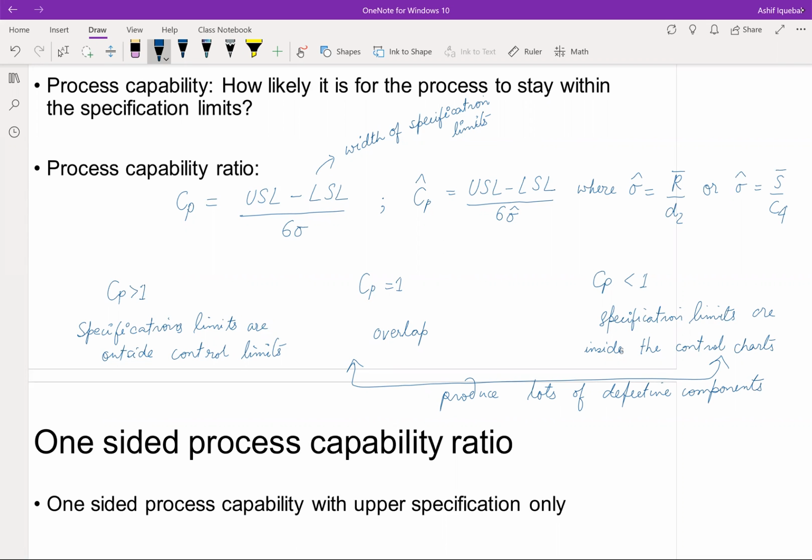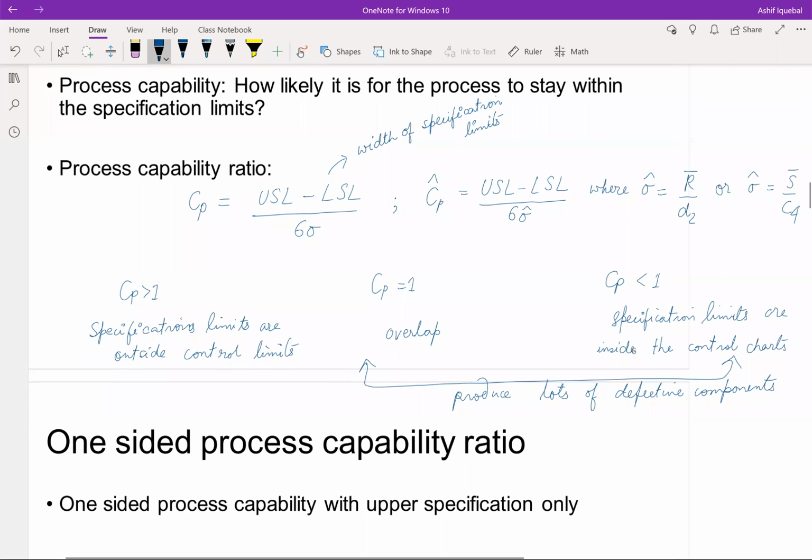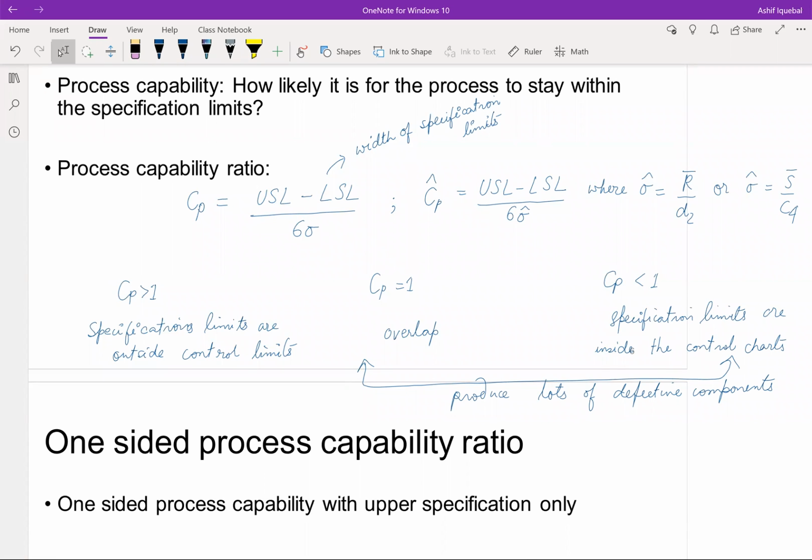And so that's why typically the manufacturing companies would not prefer to have CP equal to 1 or CP less than 1. They will always try to increase the value of CP. They will always want it to be as high as possible. All right, so this is the formula for the process capability ratio when you have both the upper and lower specification limits.